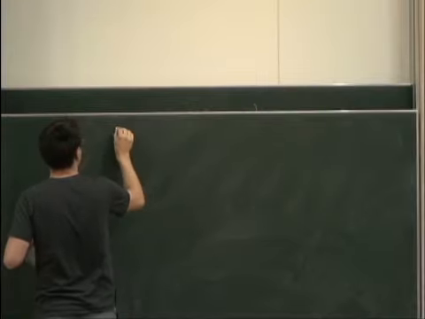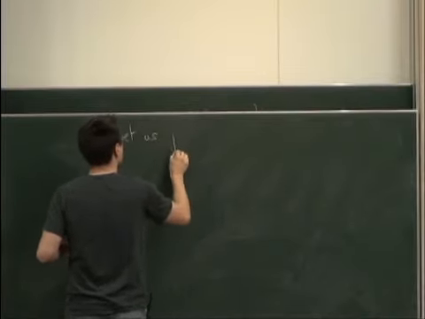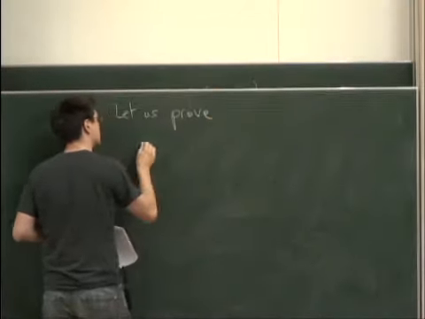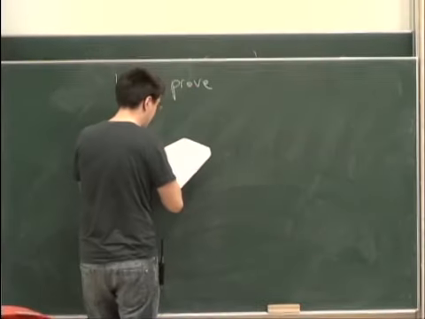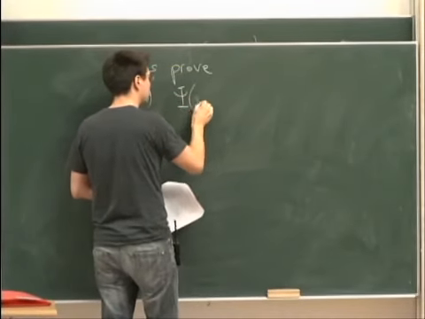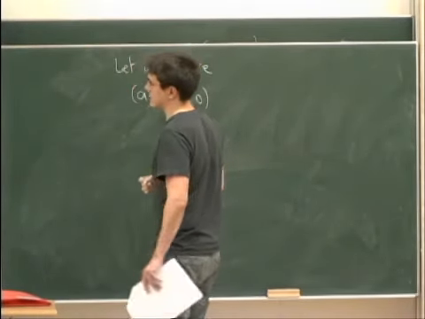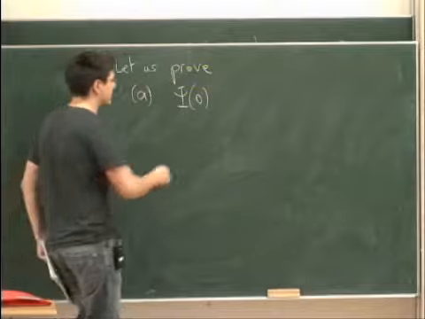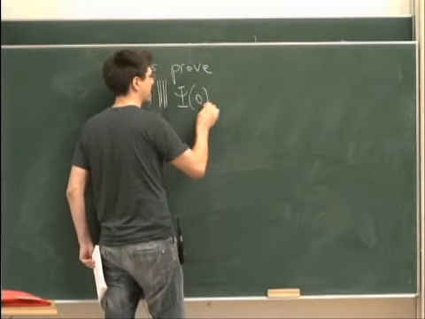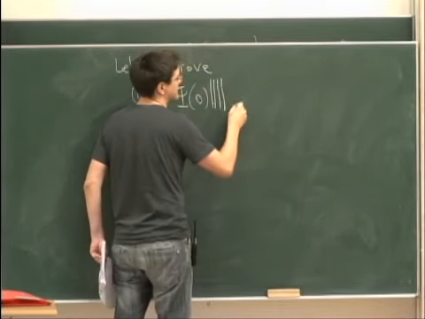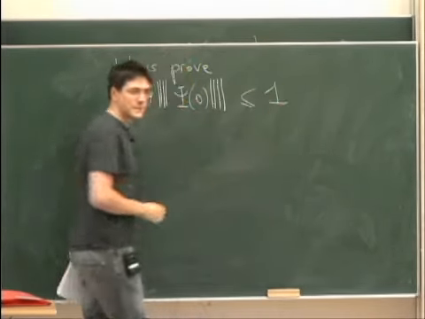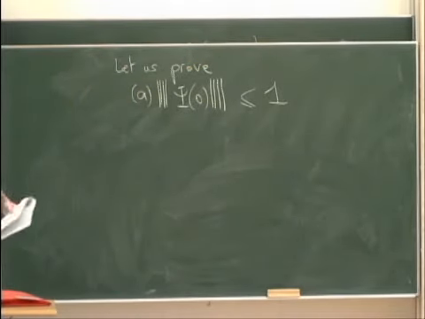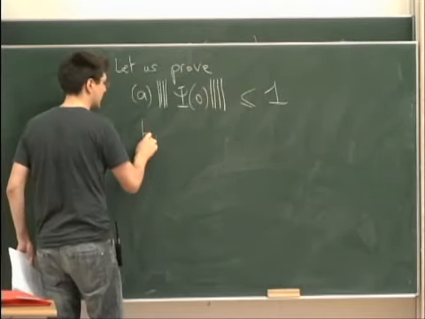So first, let's prove A, that psi of 0 for this norm, I don't know, let's put four bars, is less than 1, because we have to start up the fixed point argument, the iteration process.